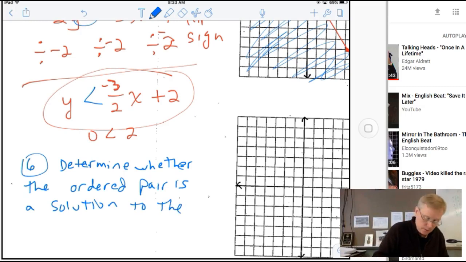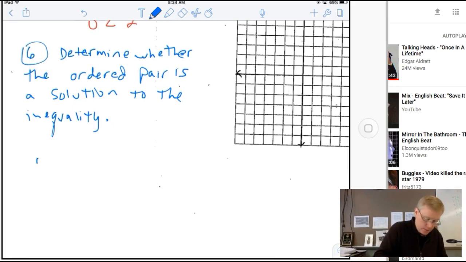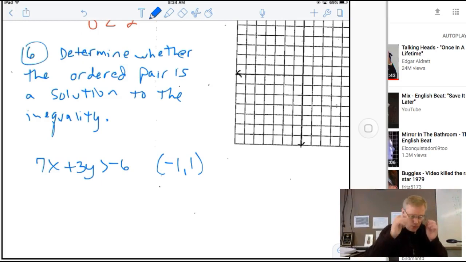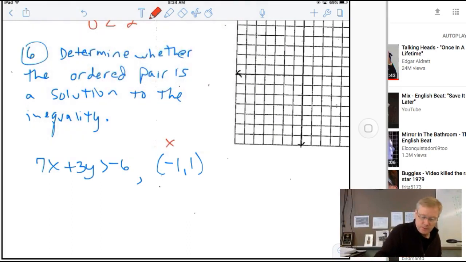Okay, and the equation is 7x plus 3y is greater than -6, and they give me the point. So that's the ordered pair, and that's the equation. So what I'm going to do is I'm going to plug the x, which is -1, and the y is 1. I'm going to plug that in here and see what I get. And if it's true, that's yes, it's a solution. If it's no, it's not.